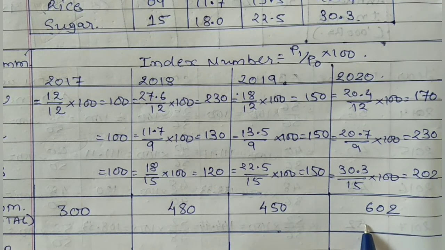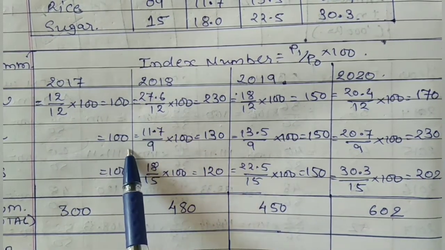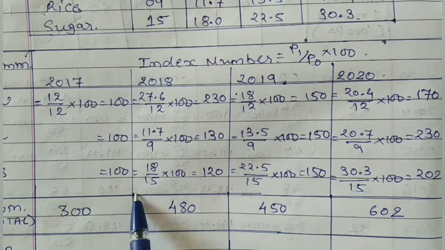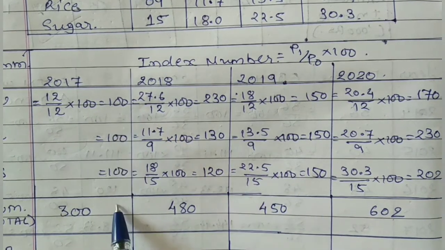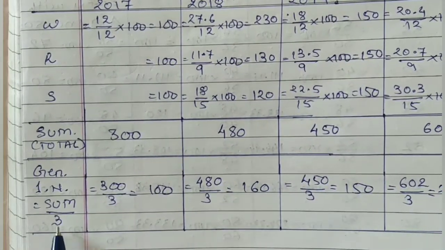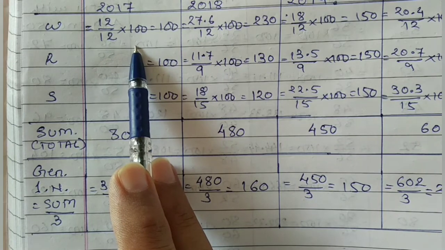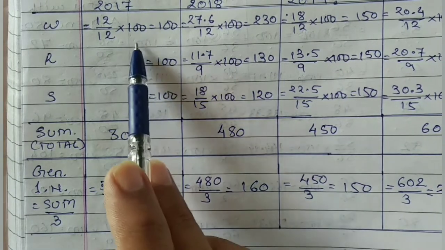My formula was sigma P1 upon P0 upon N into 100. Sigma P1 upon P0, that sigma means sum of the observations. That's why make out the total that we have done, that is 300. And general index number means sum upon 3 into 100, that has already been done. For your general index number, sigma P1 upon P0 upon N into 100, once again 100 has already been multiplied.